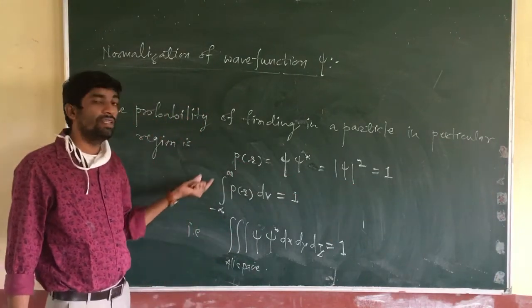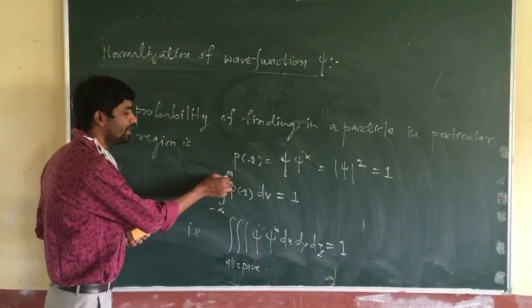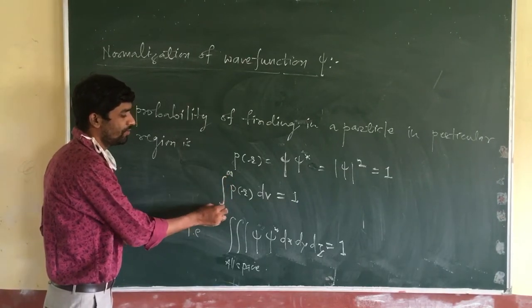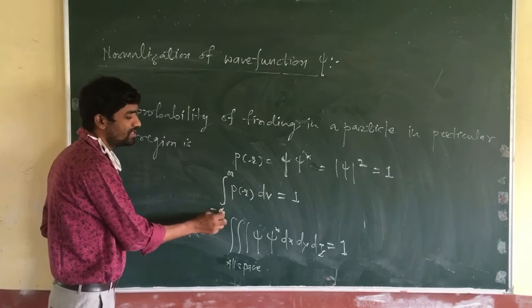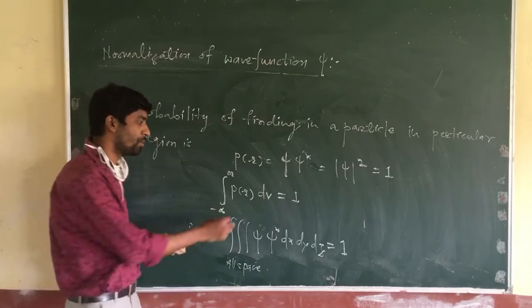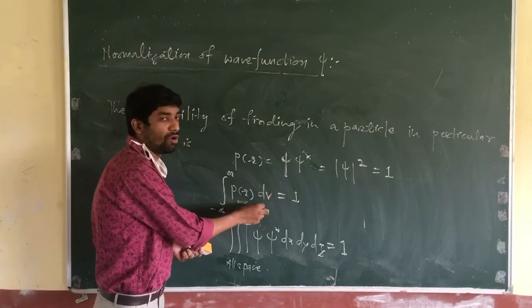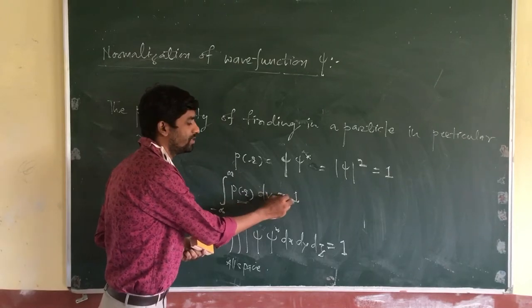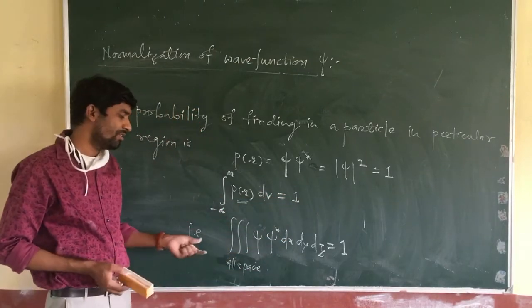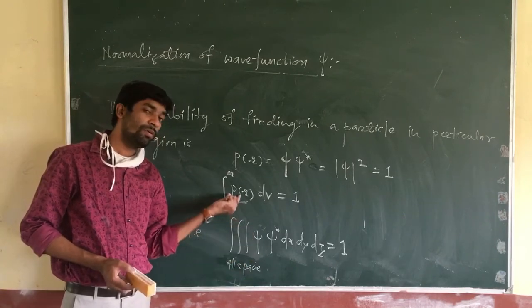So you can write this equation in terms of integration. So it is the integration from minus infinity to plus infinity, that means all space, of the probability density times the small volume dV, equal to 1. So if I take the integration of the wave function, what is the probability?